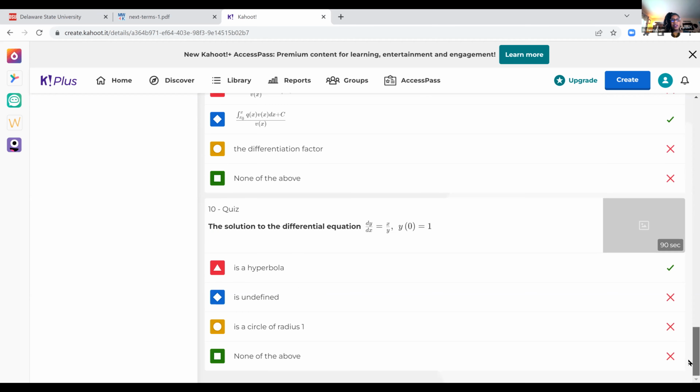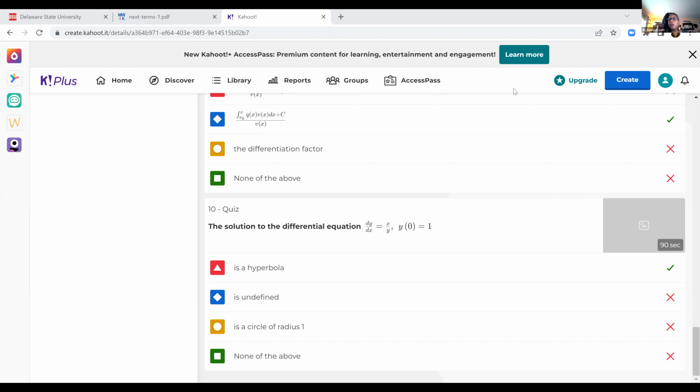And then the last one I can actually do now as well. dy/dx is equal to x over y, where y of 0 is 1. That is a hyperbola.